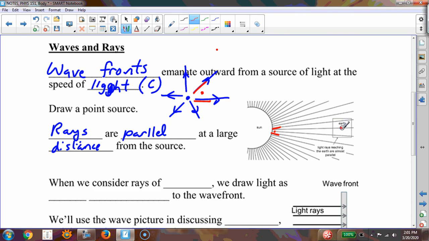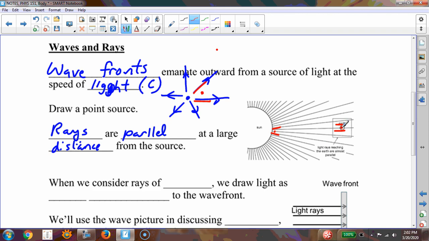However, when I'm a really far distance away, the light rays that I encounter from the sun, because it's so far away, basically appear parallel. They were really close together at the surface of the sun. They've diverged some by the time they get to the Earth, but they're basically parallel. So when I'm a really large distance from the source, like the sun and the Earth, then my rays are parallel. Now that doesn't mean that I have to be 93 million miles away from my source, because in the lab too I can approximate that my rays are parallel.